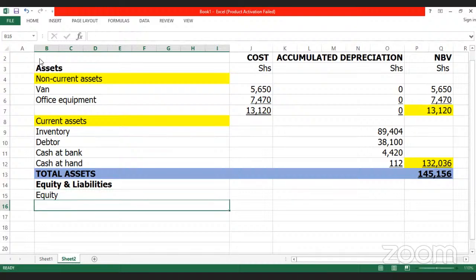We have to show the equity, because we want to see how this business is financed. And here I will start with capital. How much is the capital of this business?